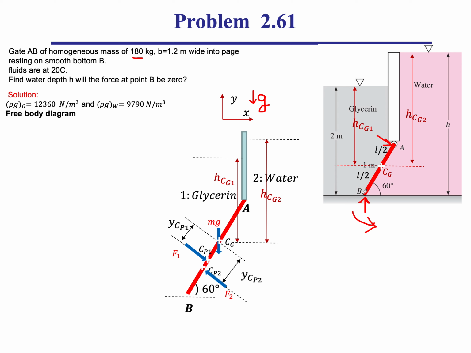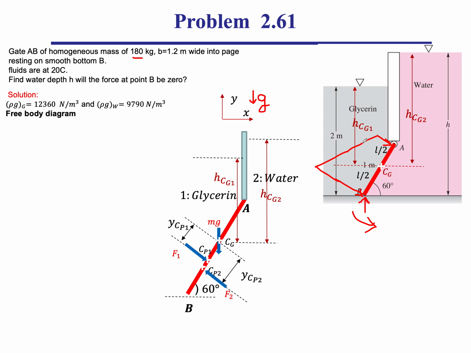At point B, I expect a higher pressure. P at B is the rho of glycerin times g times the 2 meters. So this is my pressure distribution. When we say we're computing F1, we're finding the resultant force.